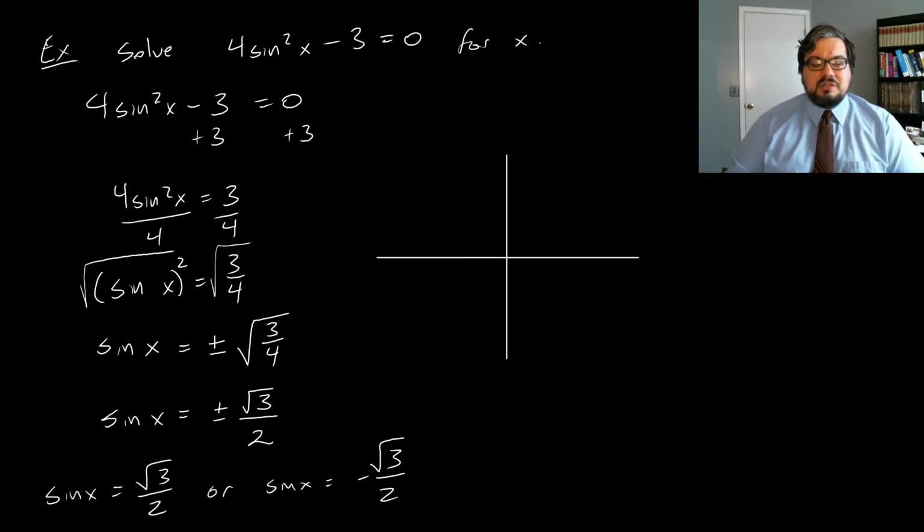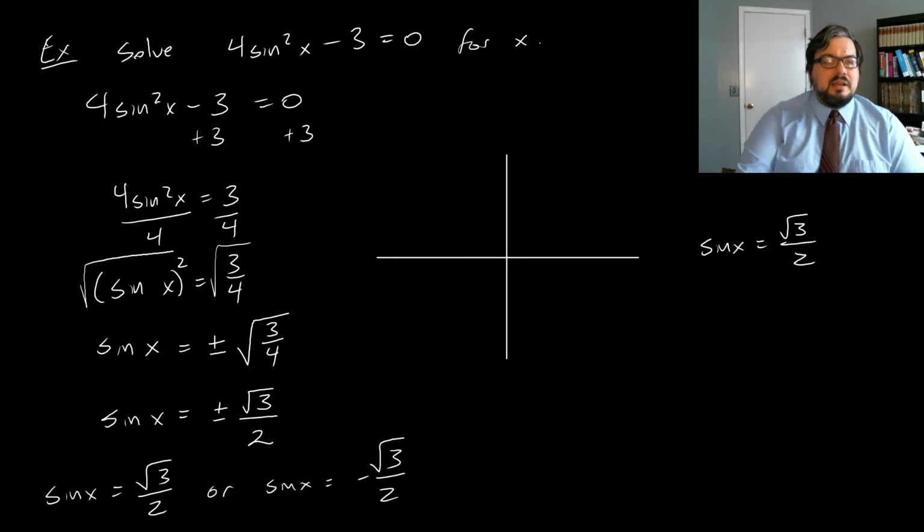All right, so let's start with the first one. If we've got sine x is equal to the square root of 3 over 2, then sine is positive, which means that we're looking at angles which sit in quadrants 1 and 2. And we can sketch these out.